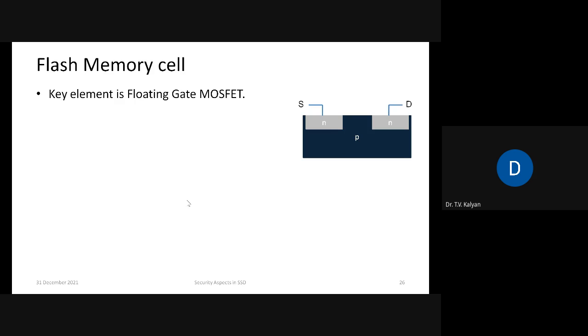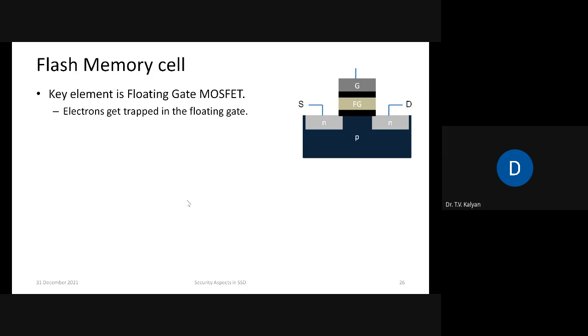We have one terminal as source, another as drain, and there is an oxide layer, an insulation layer, and on top of it we have a metal layer which is termed as gate. Now in floating gate MOSFET, instead of directly connecting the oxide layer to the gate, we have another semiconductor in between, which is called the floating gate, right? And that is connected to the gate terminal.